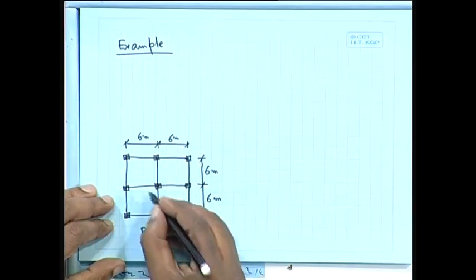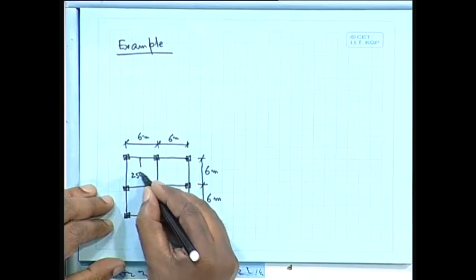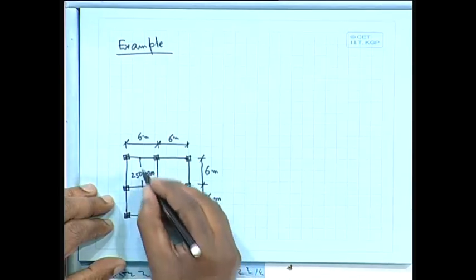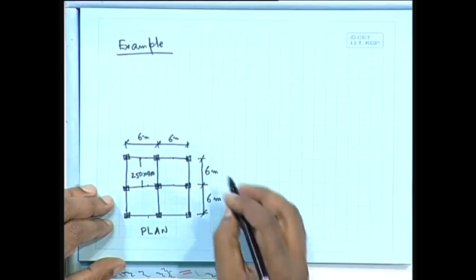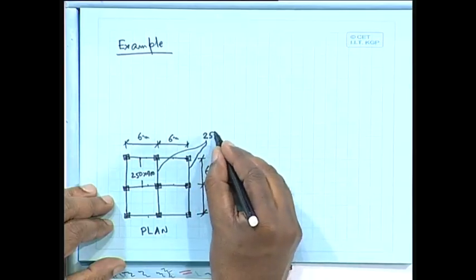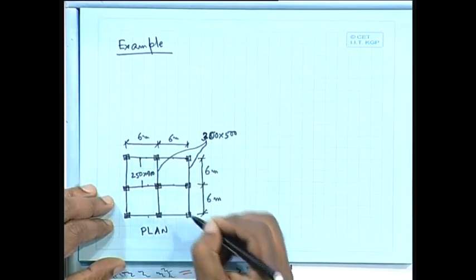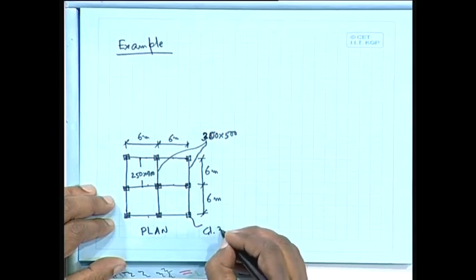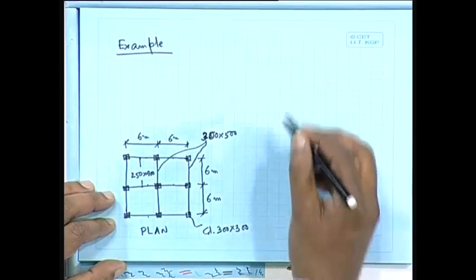We have these beams, let us say 250 by 400. All these beams are 250 by 400, whereas on the other side, due to loading maybe, it comes as 300 by 500. And columns 300 by 300.